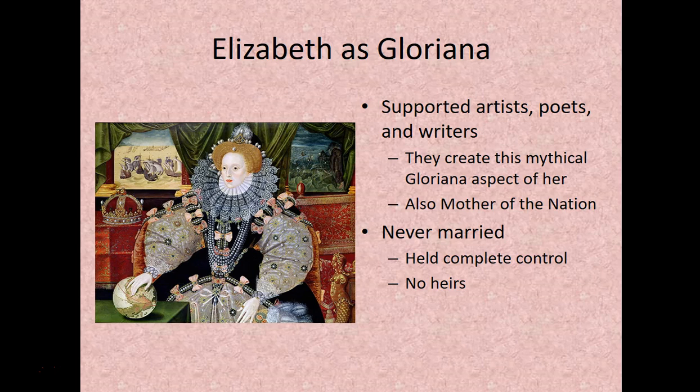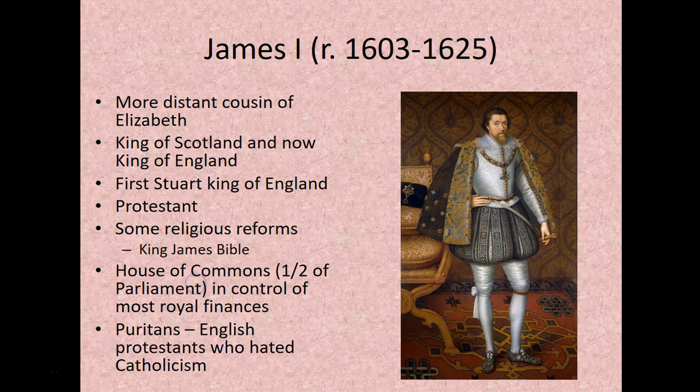So the crown is going to pass on to her distant cousin, James, who is currently the King of Scotland. He is a distant cousin. He's the great-great-grandson of Henry VII, so kind of removed from Elizabeth.